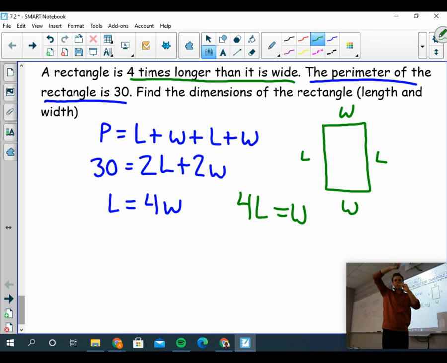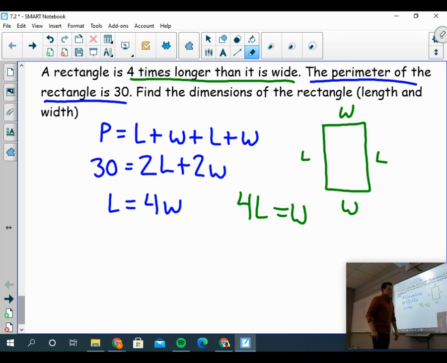Well, what's the difference? The difference is the length is 4 times bigger than the width. But we don't want them to be bigger. We want to write it as an equation so they're equal. Well, if the length is 4 times bigger than the width, how do we get the width equal to the length? We multiply it by 4. That is why we have L equals 4W.